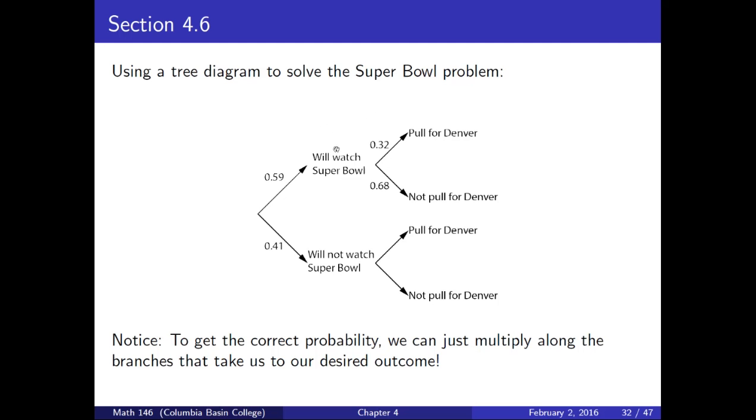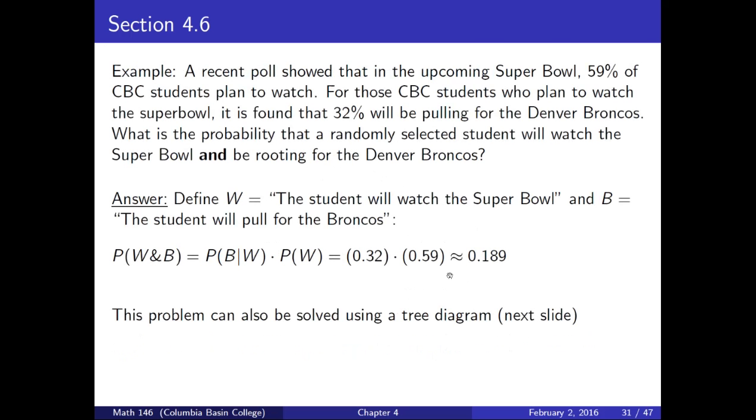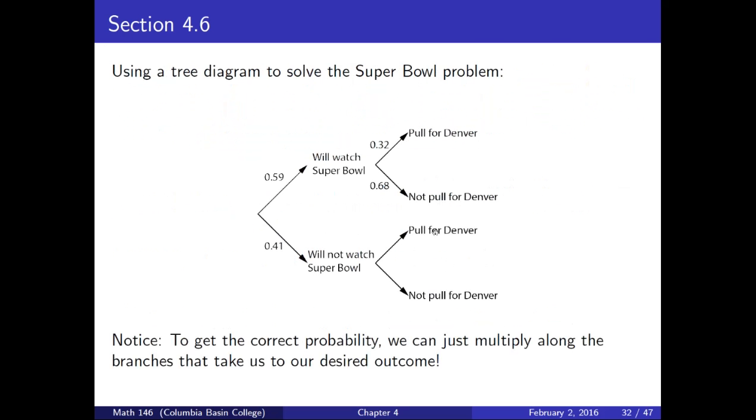With the probabilities on the branches, all I have to do is multiply across the branches to get 0.59 times 0.32, and that's exactly the calculation we did on the last slide. So tree diagrams can really simplify these problems. If you don't want to memorize more formulas, I use tree diagrams.